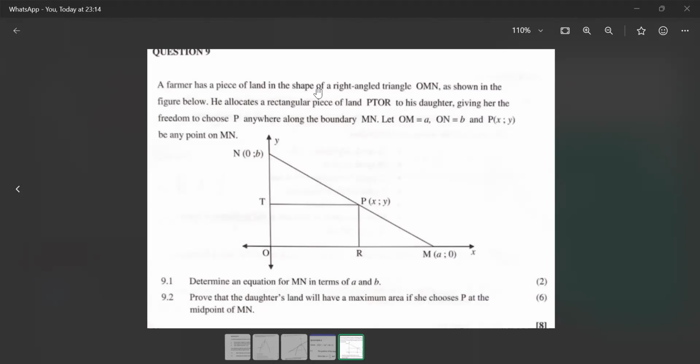And then we are going to maximize the area of this rectangle and show that the x coordinate of this point as well as its y coordinate will be exactly the same as the coordinates of the midpoint. Maybe it doesn't make sense when I say it, but you'll see it as I do it.